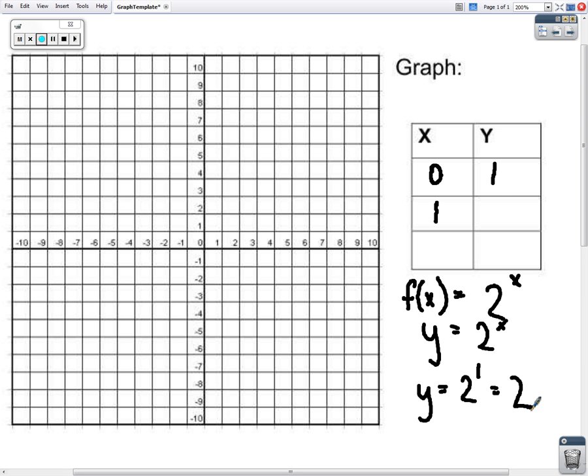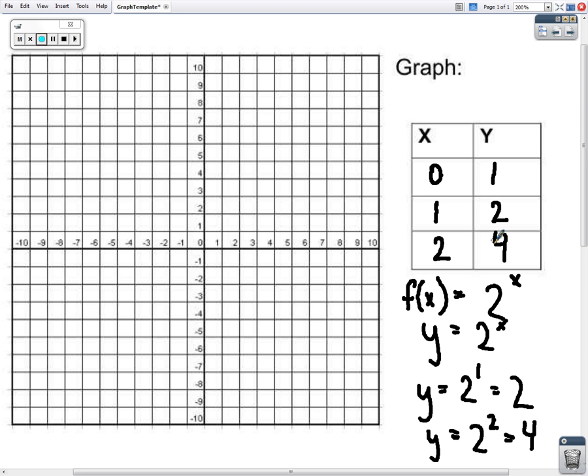So when x equals 1, y equals 2. And if I do y equals 2 to the second, so x is going to equal 2 here, y is equal to 2 squared, which is 4. So 3 points on my graph are at (0, 1), (1, 2), and (2, 4).